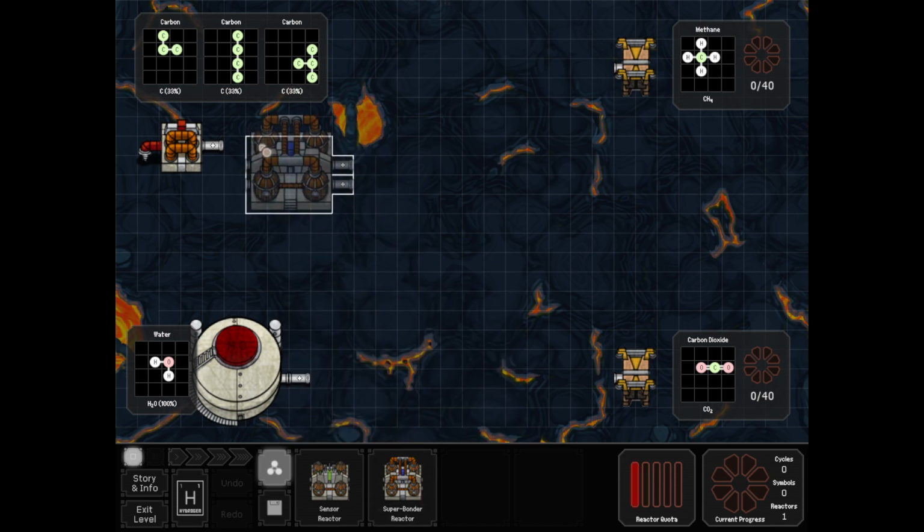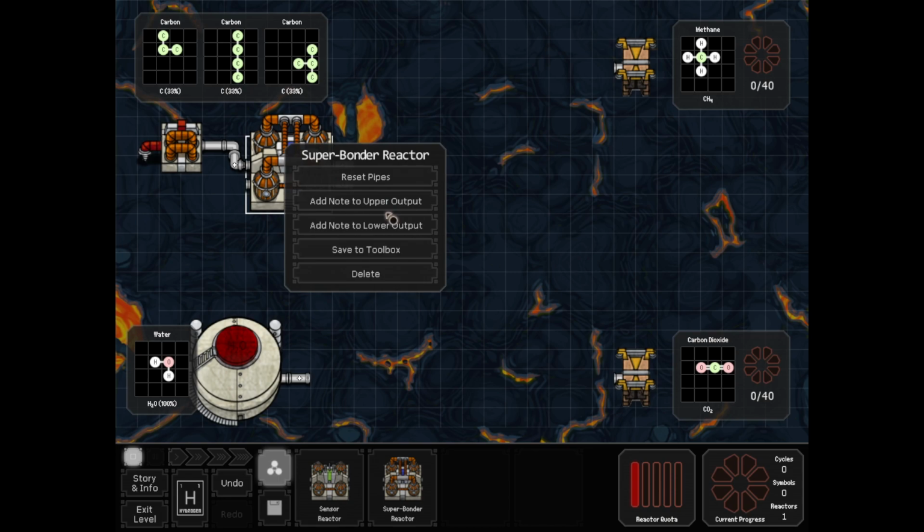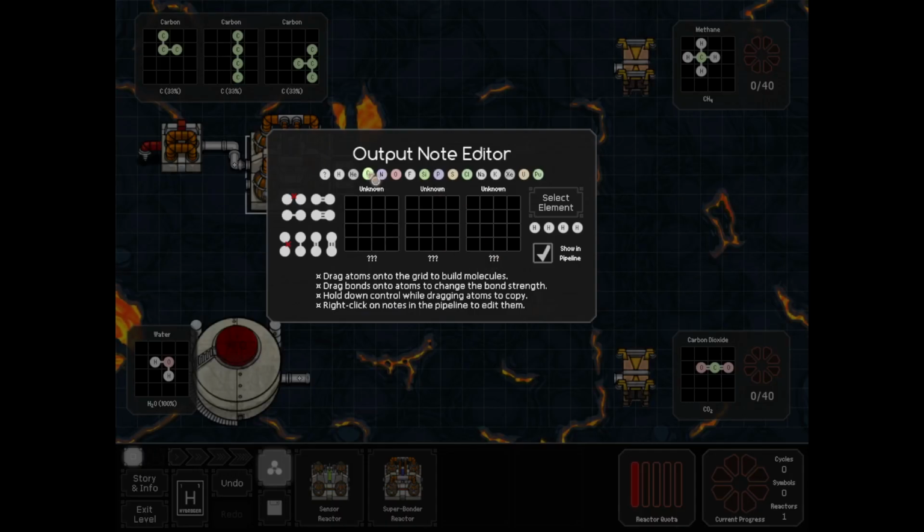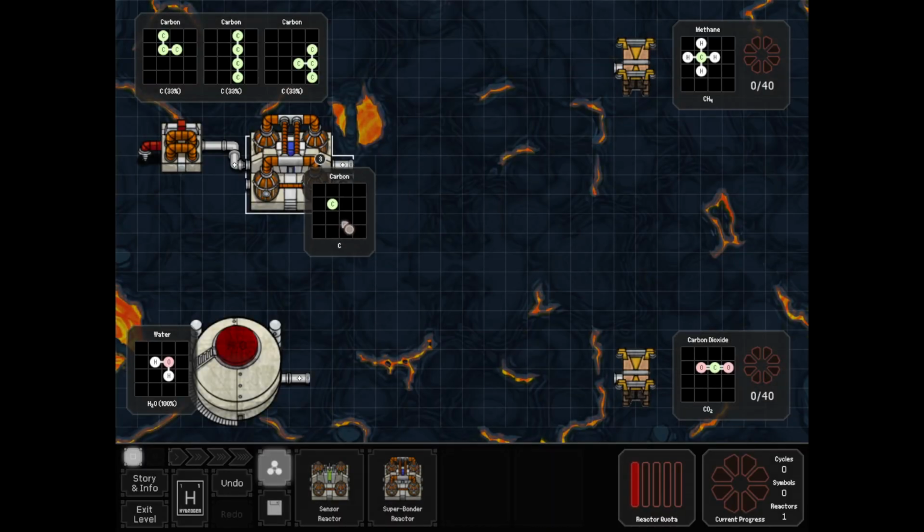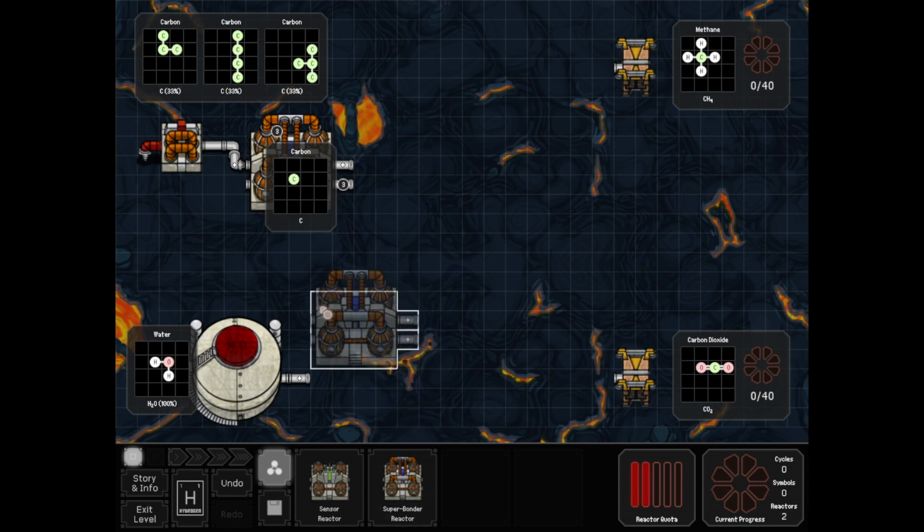I think I'm gonna go super bonder on that one. And we'll just use the lower output carbon, putting it in our usual spot. Here, literally doesn't matter.